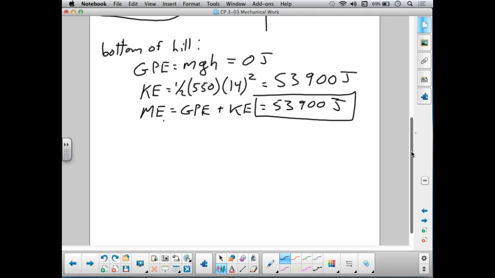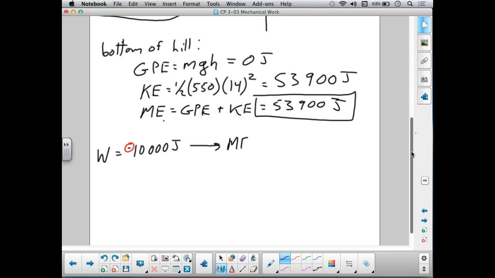Now it doesn't get to keep all of that energy because friction is going to do work on this roller coaster. And remember, work being done is energy transfer into or out of an object. In this case, the work done is negative, so friction is going to remove 10,000 joules of energy from the roller coaster.